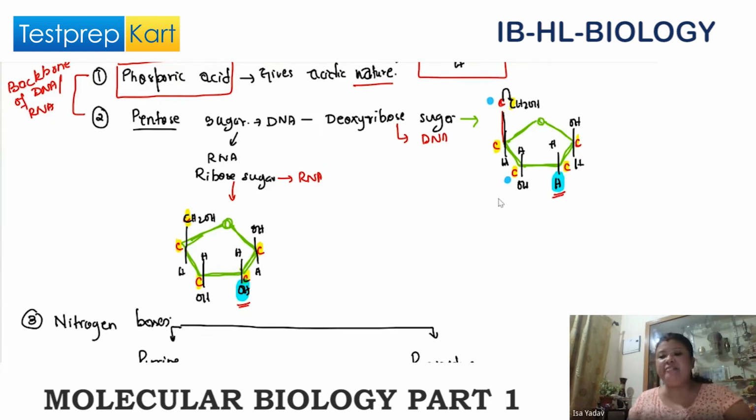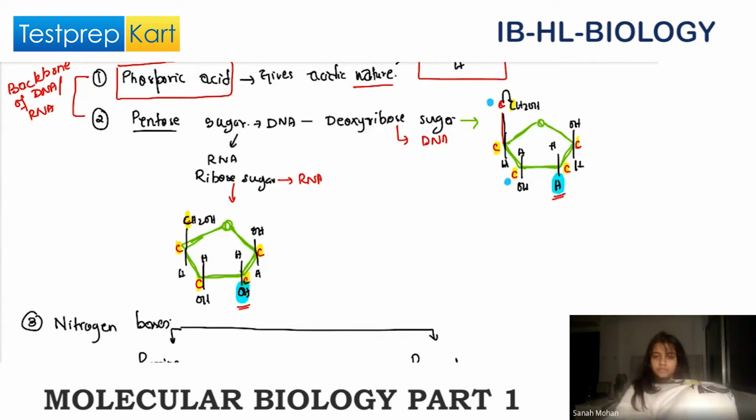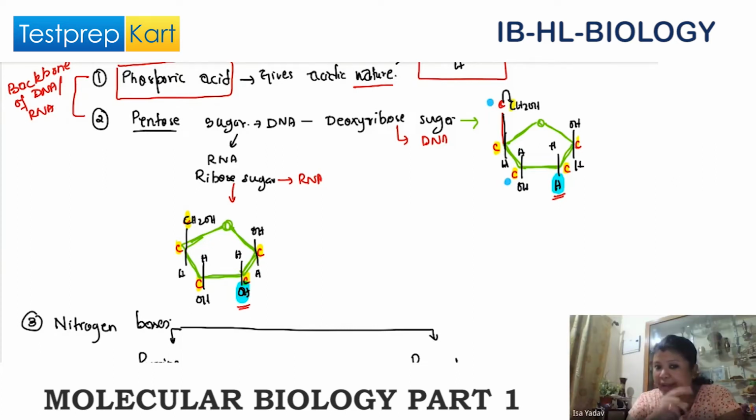Remember this 5 and 3. Now, if you have a notebook in front of you, draw the structure. Have you already drawn it? Yes. When I'm explaining DNA, you have to refer to the structure.